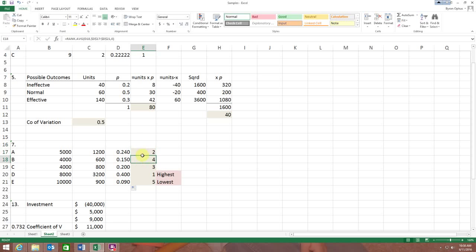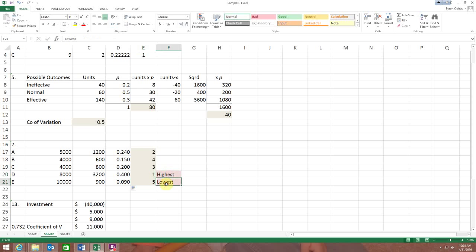Okay, so there is a function called RANK.AVG that will tell me how these are ranked, and you can go either ascending or descending. In this case it kind of doesn't matter.